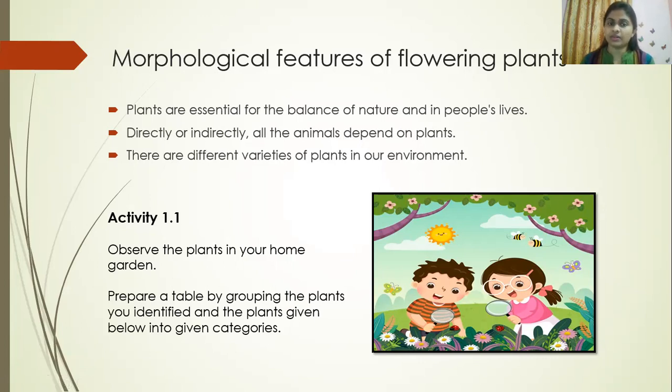Now, in your previous grades, you have learned about carnivorous animals, herbivorous and omnivorous. What do you mean by herbivorous, children? Yes, I know you know the answer. Animals who depend on plant matter, maybe leaves, maybe fruits, anything taken out of plants.